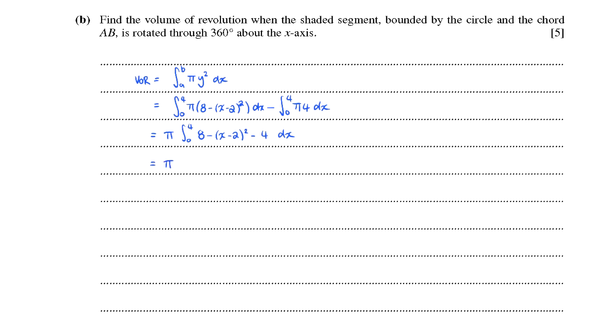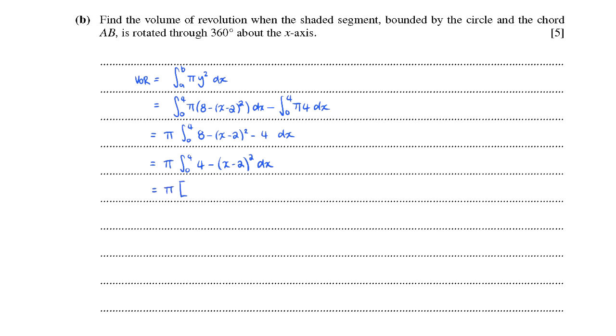So pi, integral from 0 to 4 of 4 minus (x minus 2) squared. We can leave this in the power form and integrate by using the chain rule. All right, so this is going to equal pi, which gets to stay out the front.